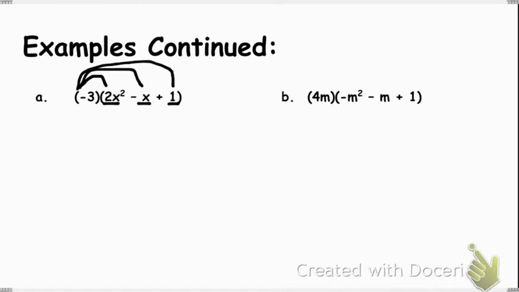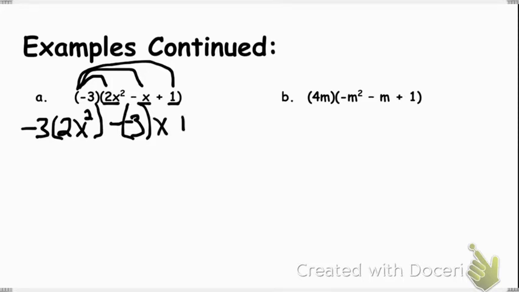So I've got negative 3 times 2x squared, and then minus, we're going to keep that sign that's in the middle, negative 3 times x, and then keep that sign there, so plus negative 3 times 1.